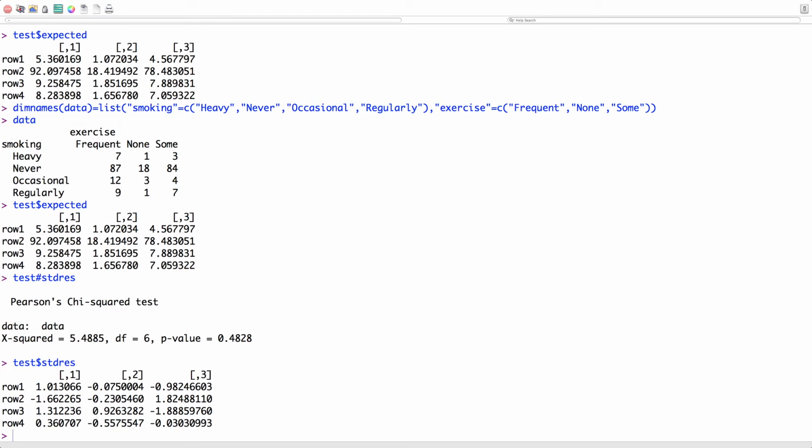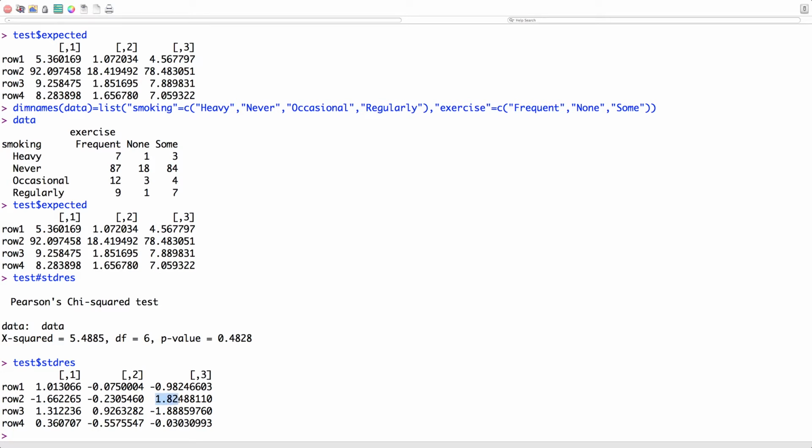If we reject that, we conclude that smoking and exercise are related. Not the case here, but if the p-value is less than 0.05, that would be the case. What the standardized residual allows us to do is break down the level of exercise and the level of smoking that had significant effects, or major impacts, if you will, on the final decision to reject the null.